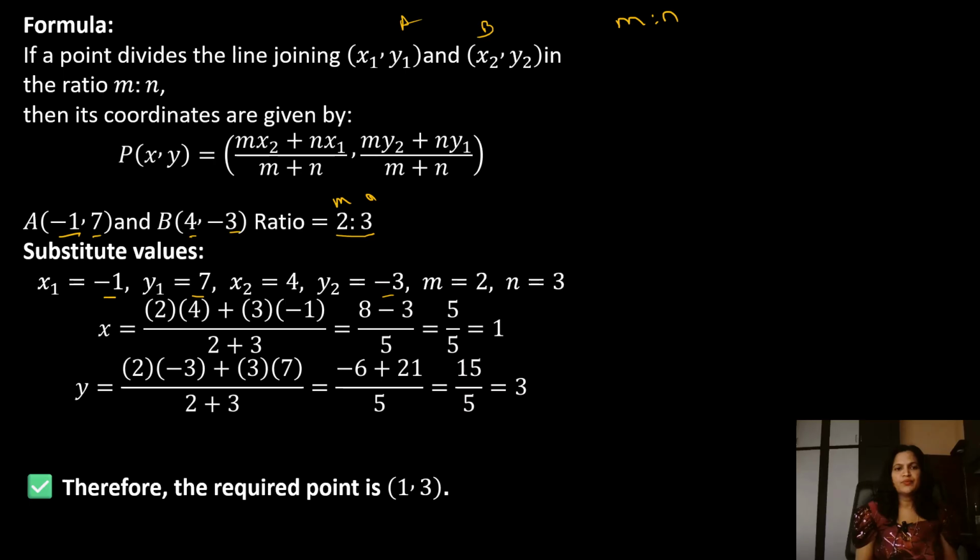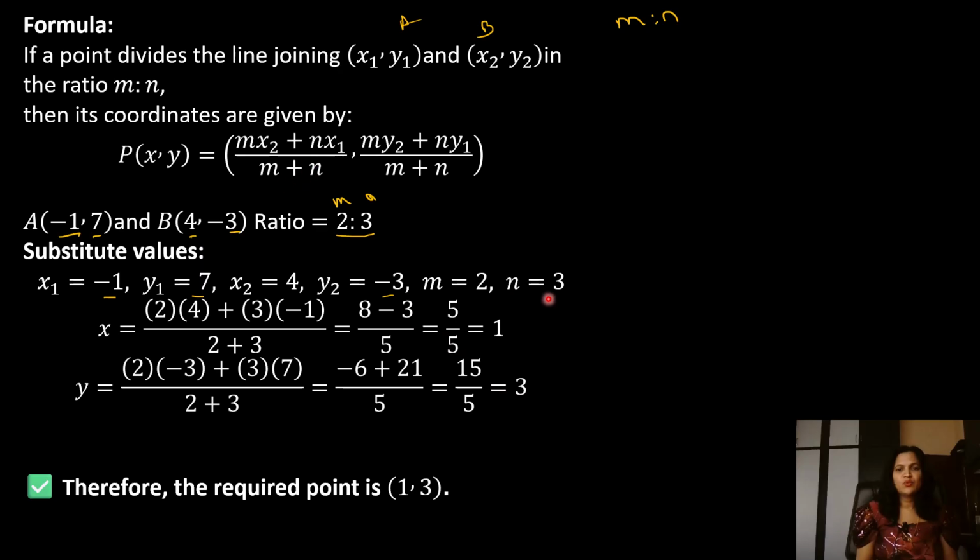x equal to, and y equal to, two formulas there. x equal to m x2 plus n x1 divided by m plus n. So m is 2 here, substitute the value. x2 is 4 and plus n is 3, substitute the value, and x1 is -1, substitute.